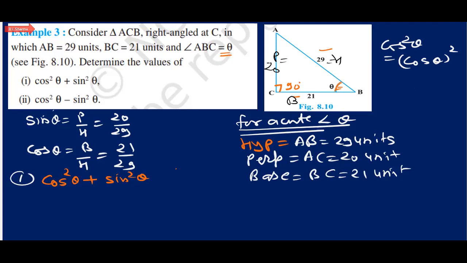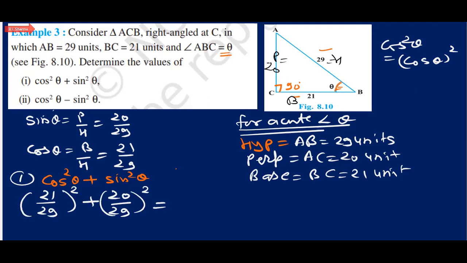Cos square theta is 21 upon 29 whole square. Sin square theta, that is 20 upon 29 whole square.